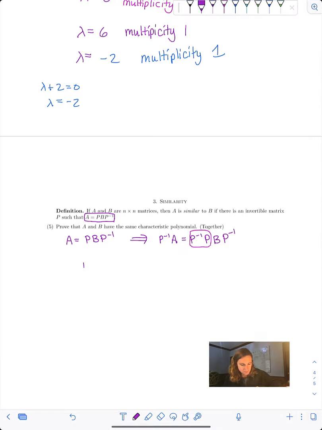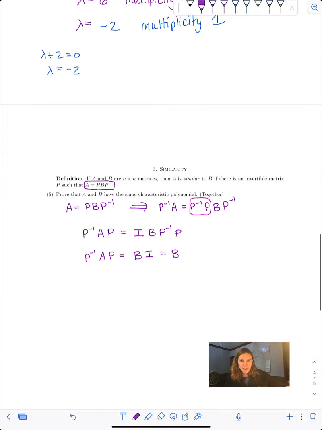And we can also write, there's a reason for me doing this, I'm also going to multiply on the right-hand side by P. Okay, and so then what we end up with is P inverse A P equals B times the identity, which equals B. So basically it goes both ways.